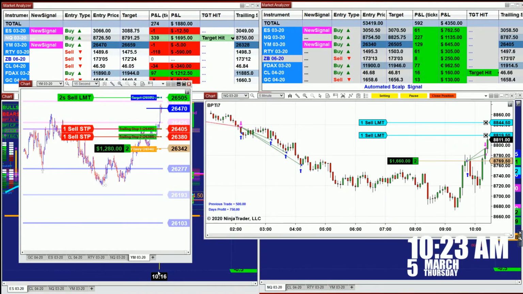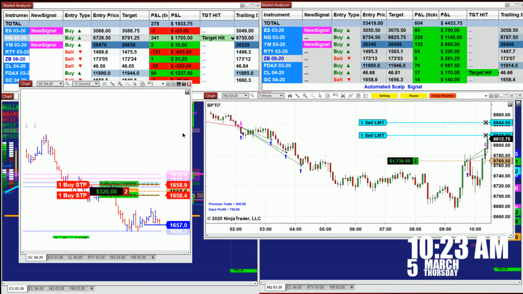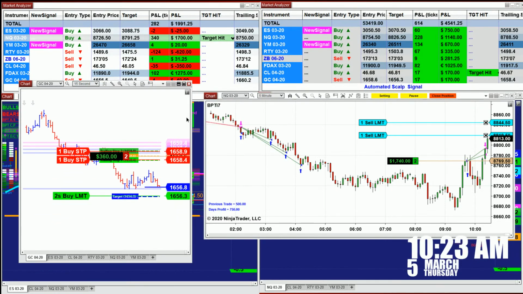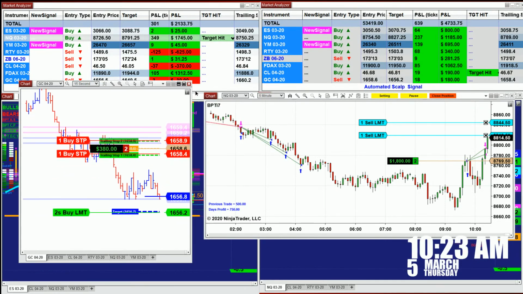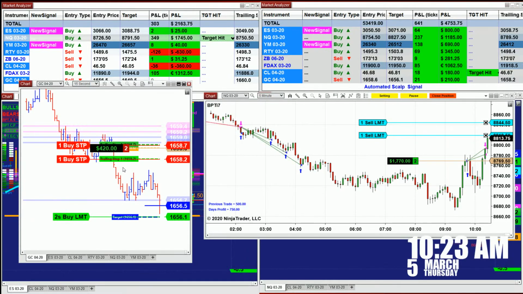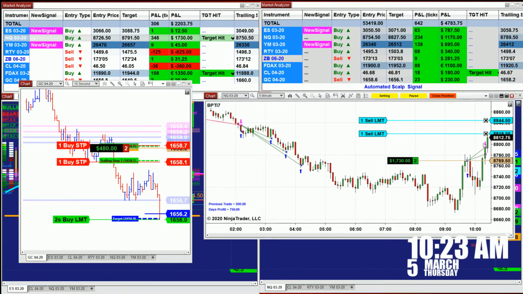And gold is not doing very well today. Gold is struggling again, but nailed this trade, $300, $400. On the IT7, it is about to close the second trade.